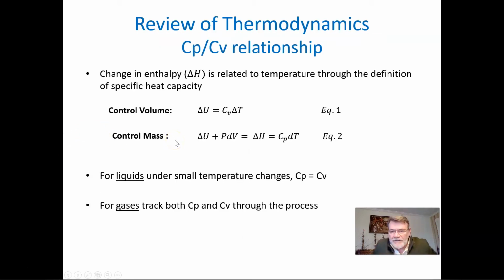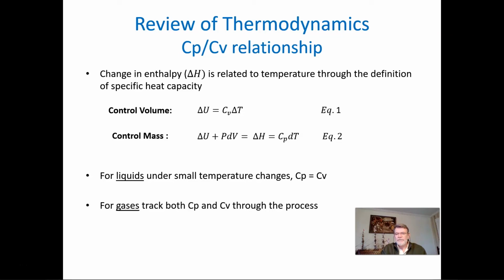So now let's talk about that enthalpy. Remember, when you see a capital, like capital U, capital H here, that's the real or base enthalpy or internal energy.